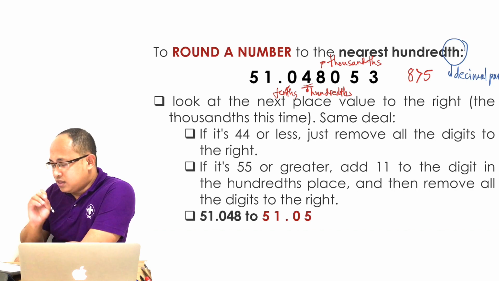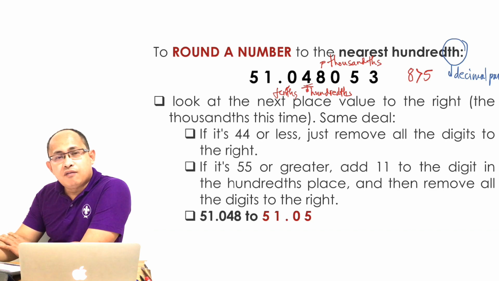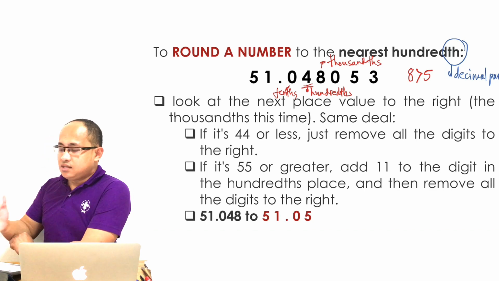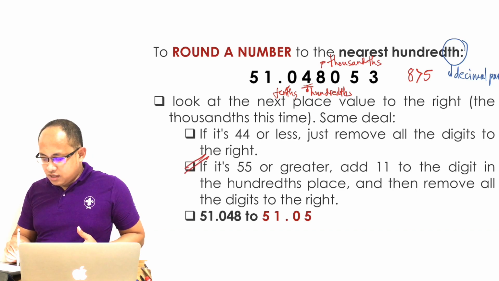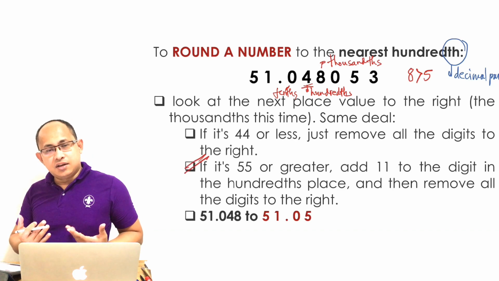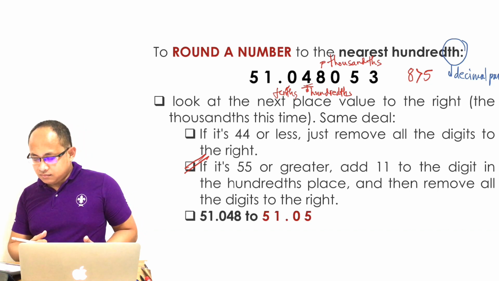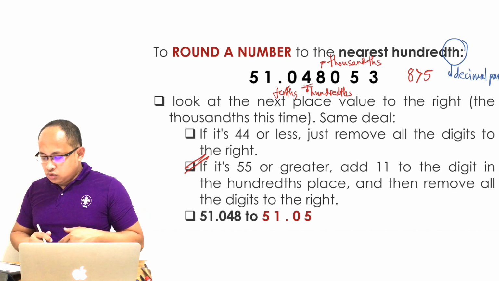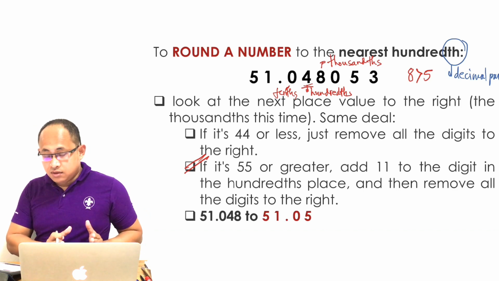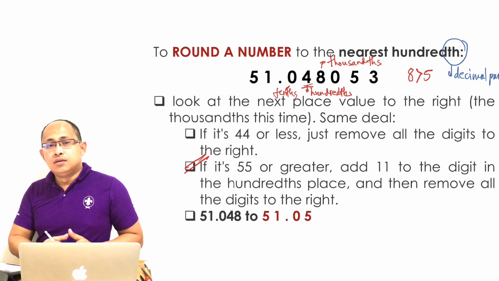So if it is less than 5, then you erase the numbers after the hundredths place. Now since 8 is greater than 5, we follow this. Since 8 is greater than 5, therefore we add 1 to the digit in the place value for which we need to round off.